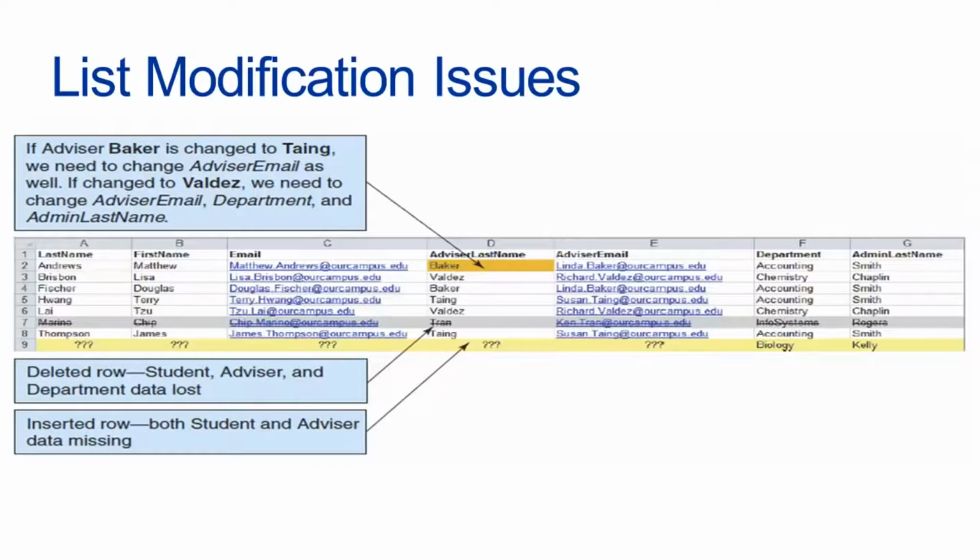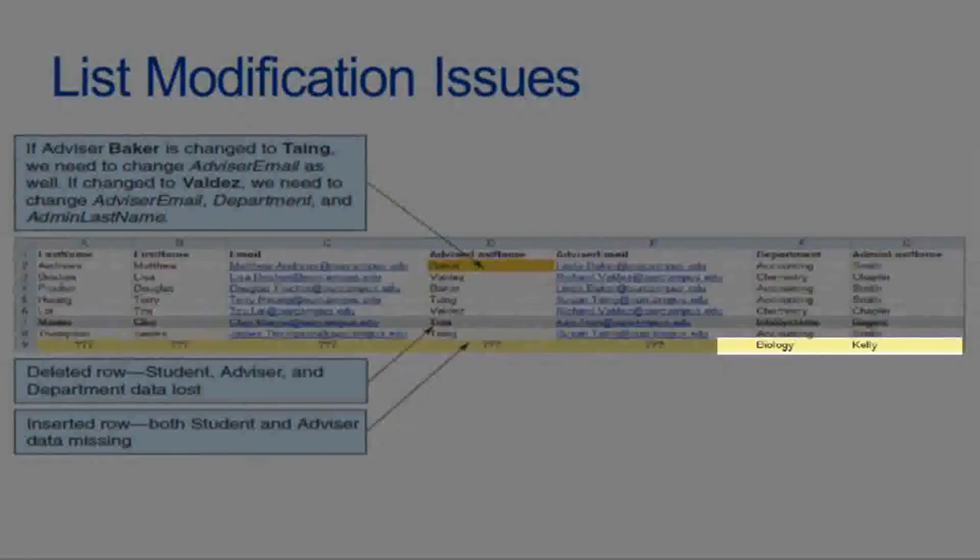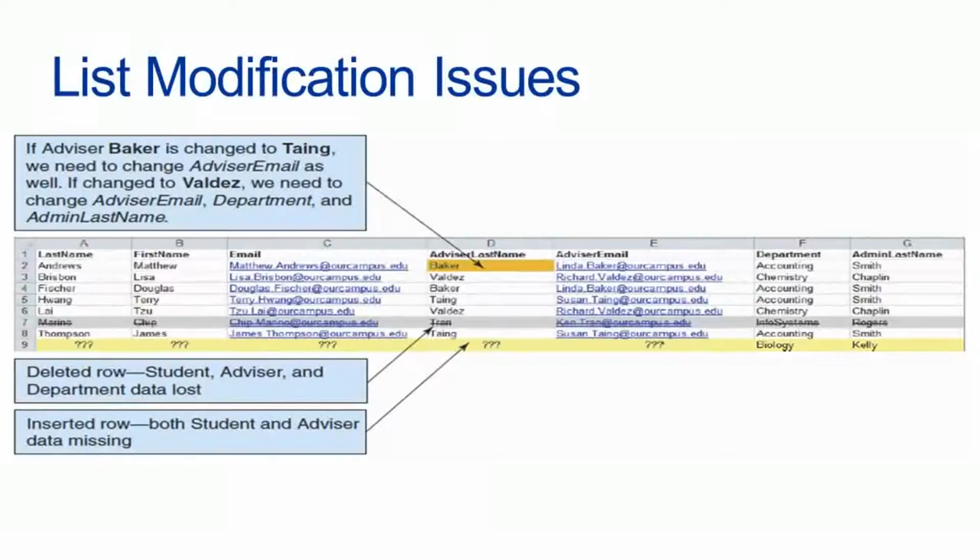Let's say that at our university we decide that we want to add a new department. So we create a biology department. Well, this is fine. We add information to our list. We now have a biology department and an administrator's last name.